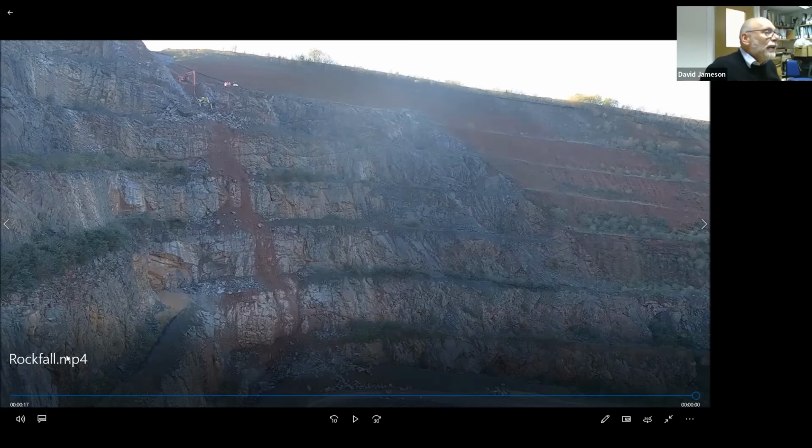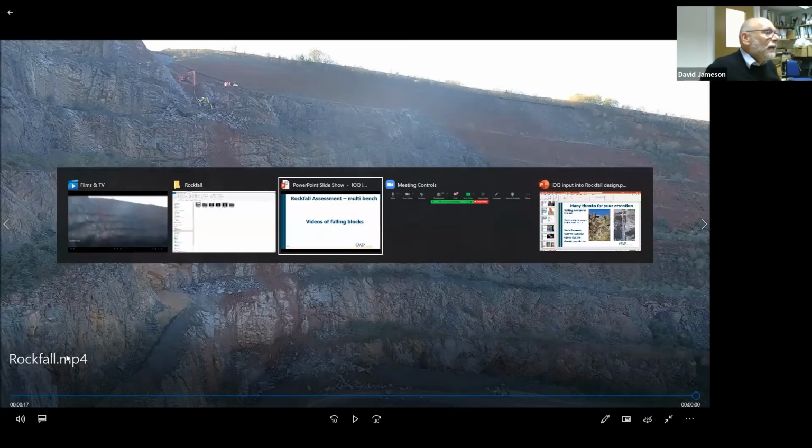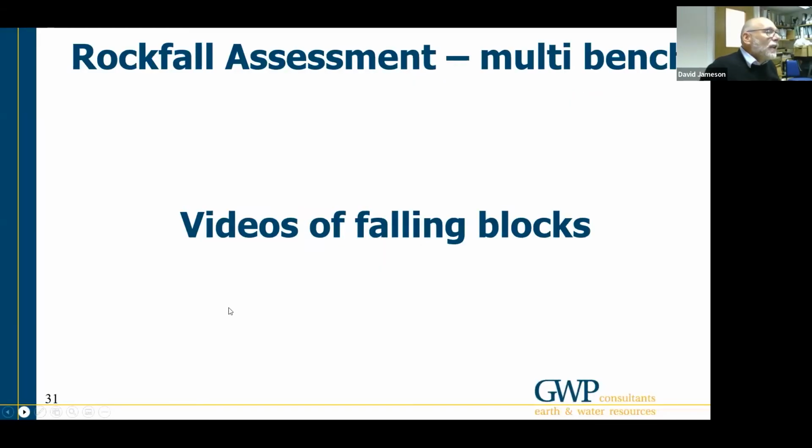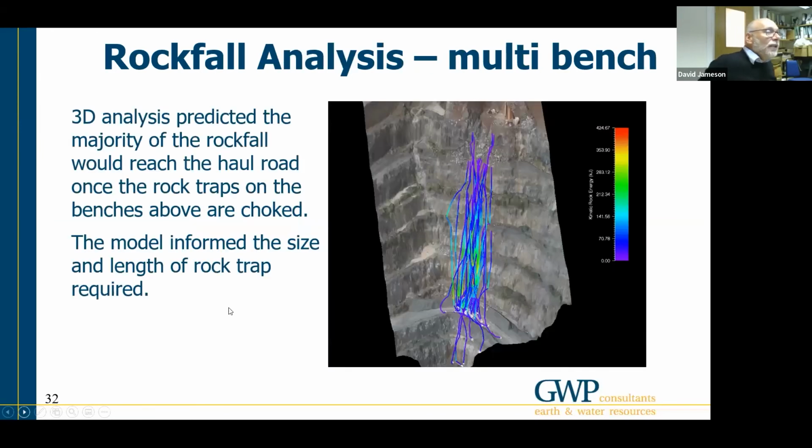Just go back to the presentation, hopefully. We can see some of the 3D rockfall analyses which were undertaken, and of course that showed that quite a lot of the material falling from the face would be incident beyond the rock trap once it was filled with debris, and onto the road itself.